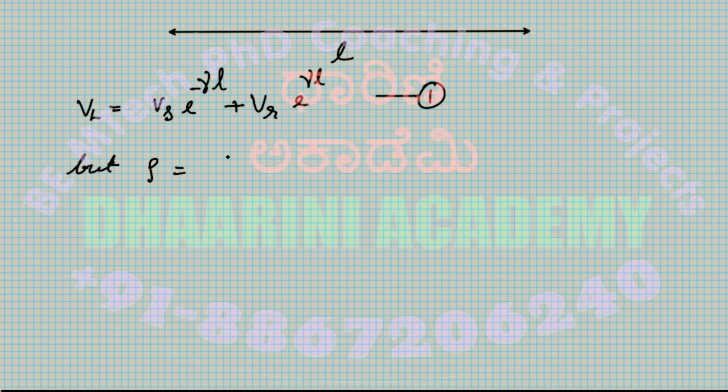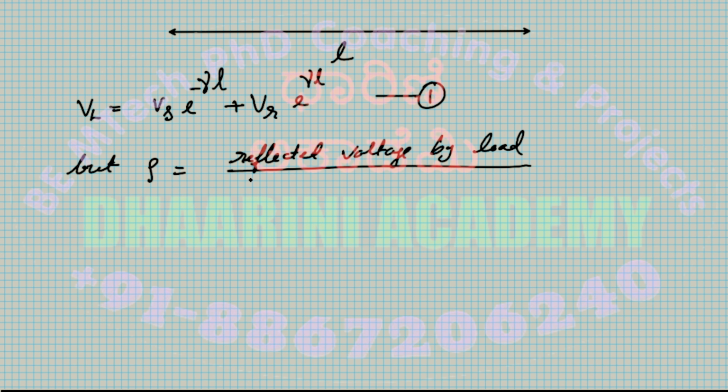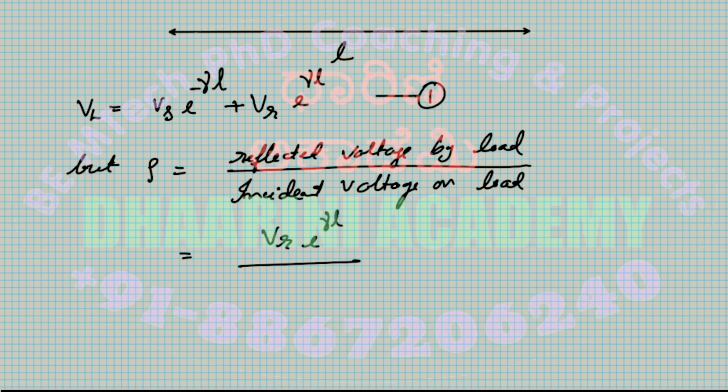So this is the reflected voltage by load to the incident voltage on the load. So how do you write that now? So reflected component is VR e to the power gamma L, over Vs e to the power minus gamma L. So what I try to do now, I'll take the e to the power to the numerator. So there is VR by Vs e to the power plus 2 times the gamma L.